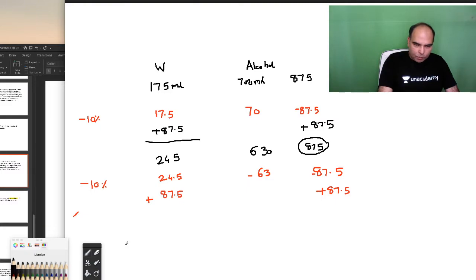So at the end, you're going to have 308 of water and 567 of alcohol in a total of 875 ml of the mixture.